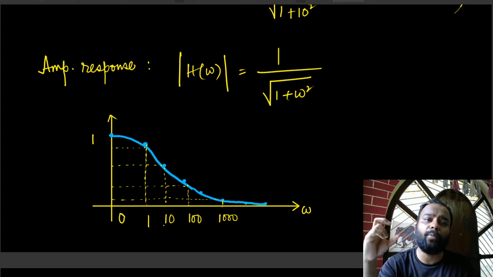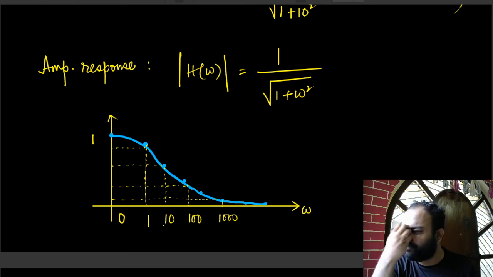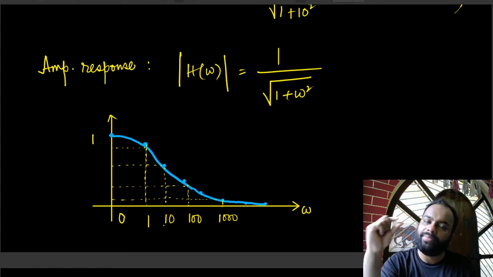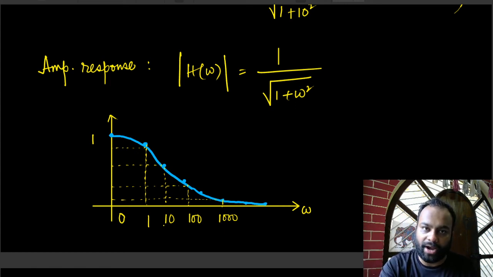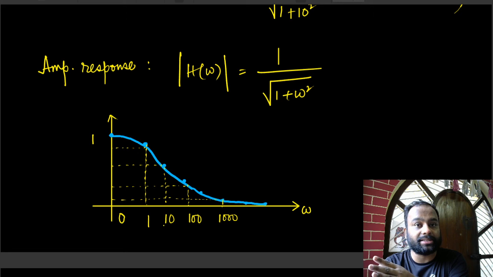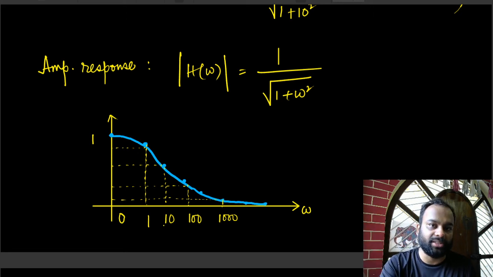The amplitude will become so small that in the output that signal will have no result. If I give an input of 1000 radian per second frequency, the output will become so small in amplitude that it will be hardly visible. So in a sense, this system passes low frequency signals and blocks high frequency signals.